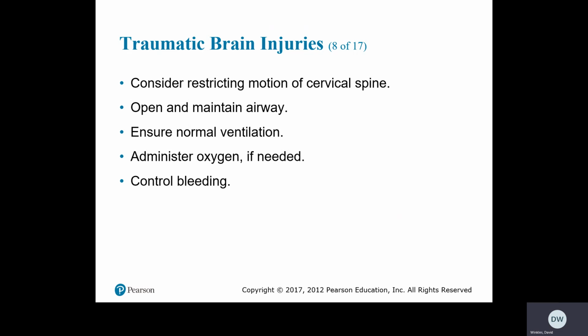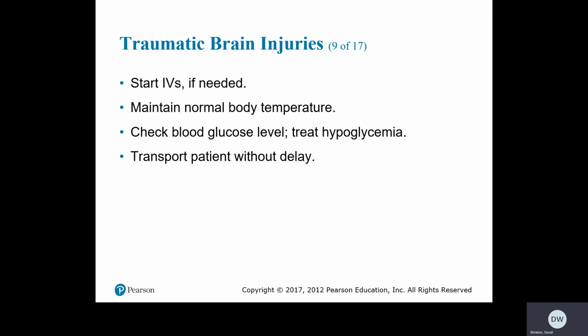Obviously, with any head injury, we're going to restrict cervical spine motion. We're going to use a C-collar. We're going to immobilize that patient. We have to maintain an open and secure airway, ensure normal ventilation, administer oxygen as appropriate. We're not going to hyperoxygenate these patients. As a rule, we're going to control any bleeding that this patient may have, as with any patient.